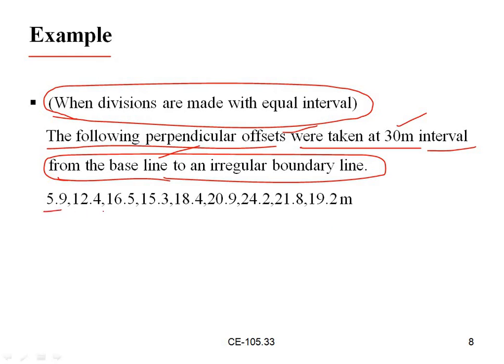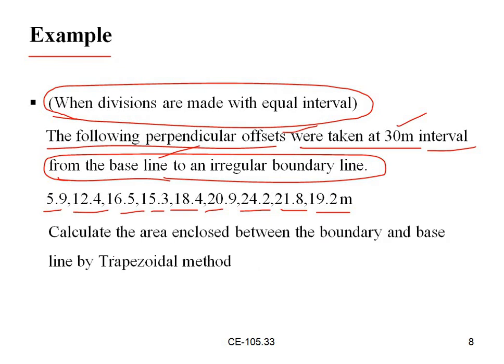So 5.9, 12.4, 16.5, 15.3, 18.4, 20.9, 24.2, 21.8, 19.2 meters are the given offsets. Calculate the area enclosed between the boundary and baseline by the trapezoidal method.